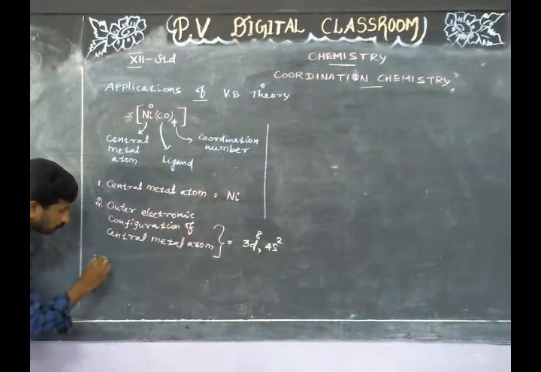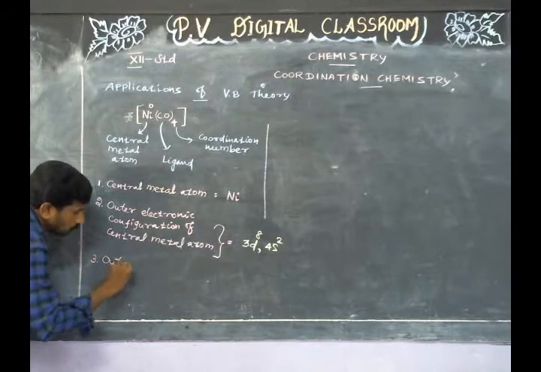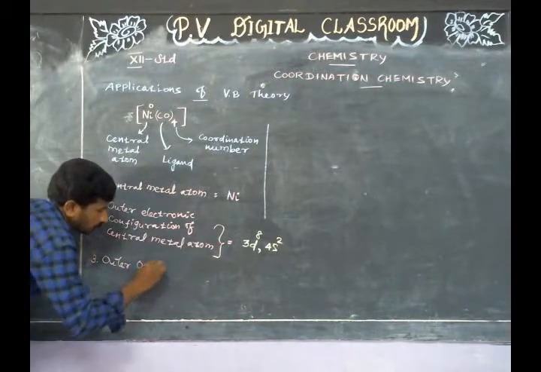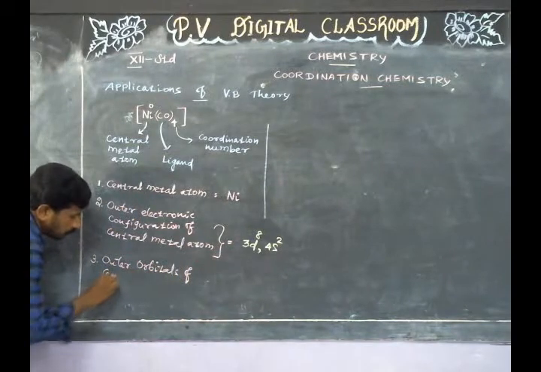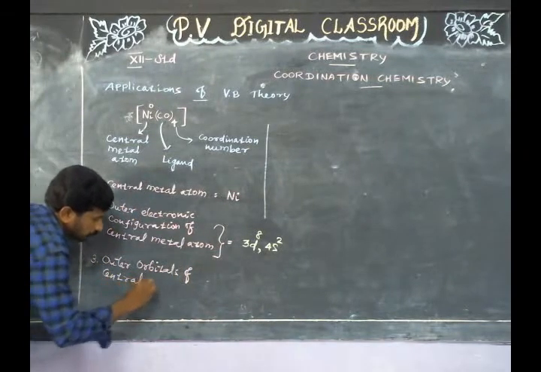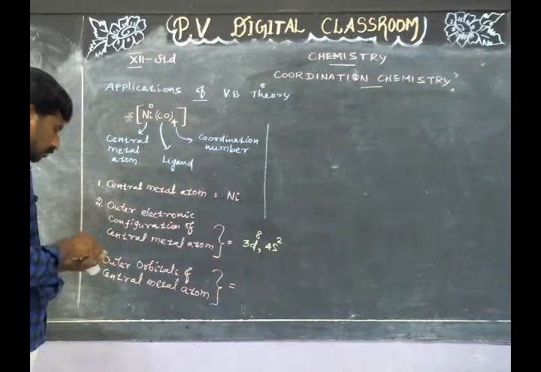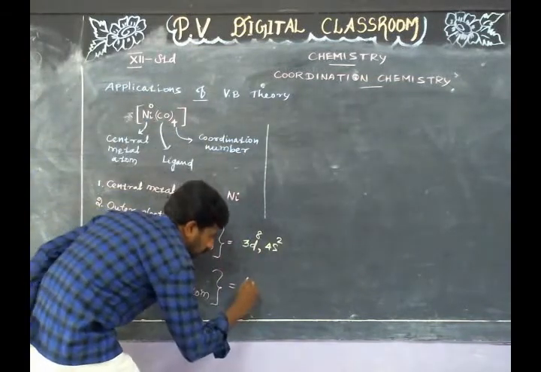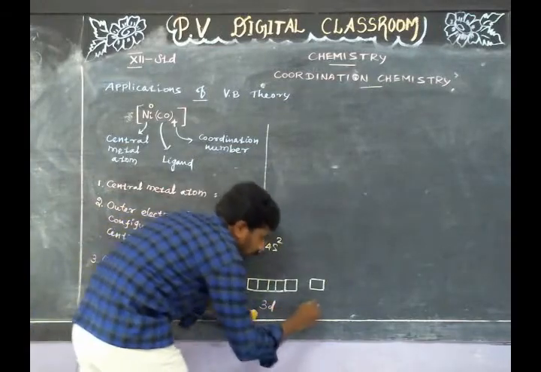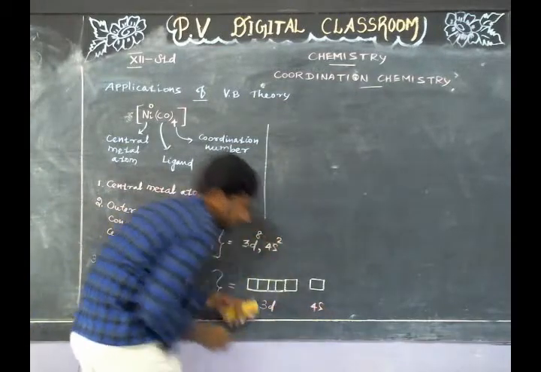Third one, the outer orbitals of the central metal atom are equal to 3d and 4s.